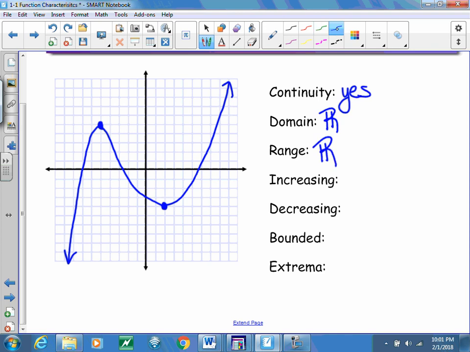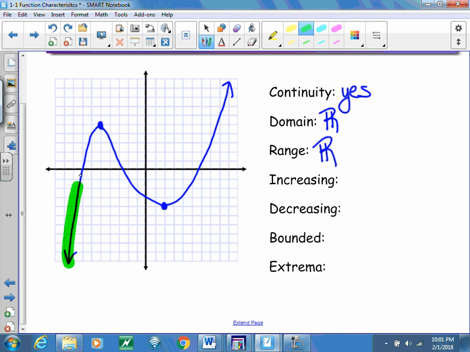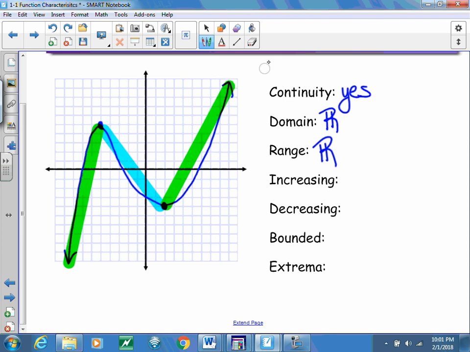As far as what interval this function is increasing on, it is increasing for this first part. So here's an increasing part of this graph, here's another increasing, and then here we can see the function is decreasing. So as far as that interval is increasing, it's going from negative infinity to -5. And so we're saying that x would be less than or equal to -5.